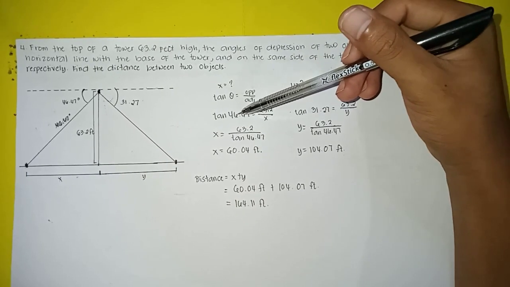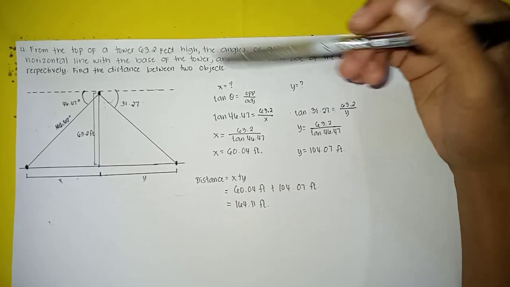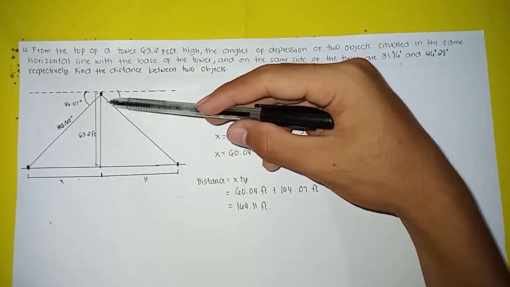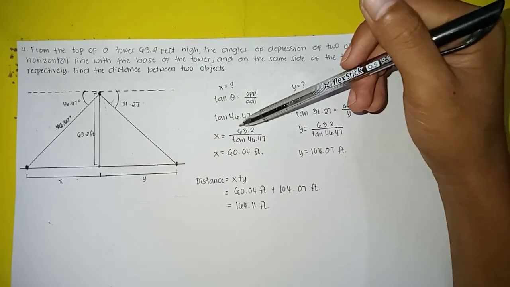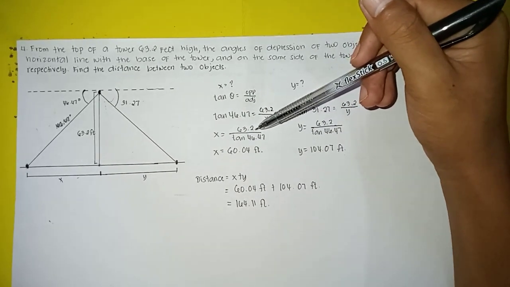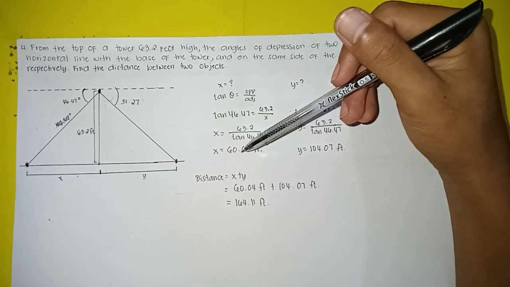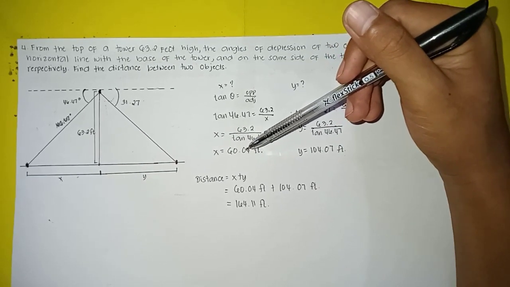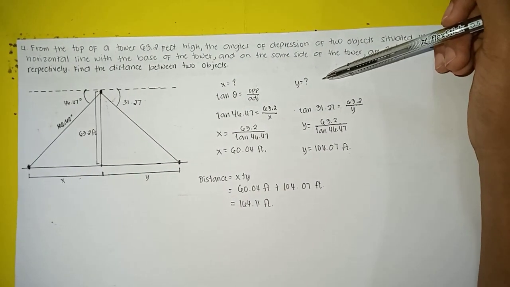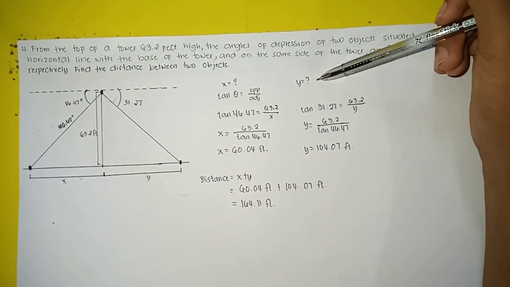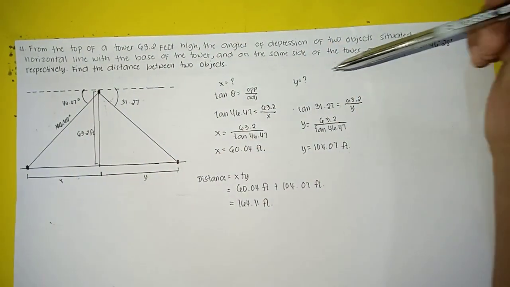Tan of 46.47 equals the opposite, which is 63.2, over x. X equals 63.2 over tan 46.47. X is equal to 60.04 feet.